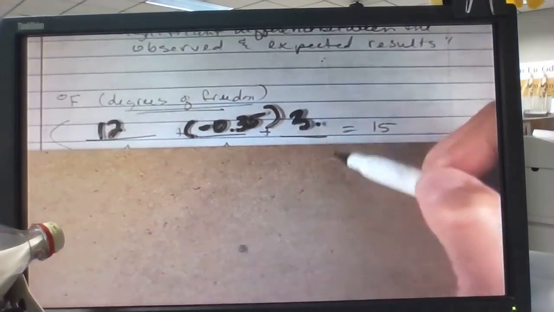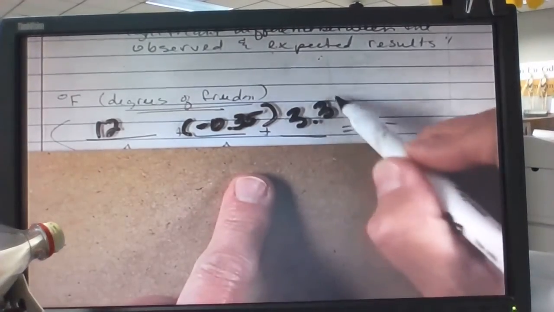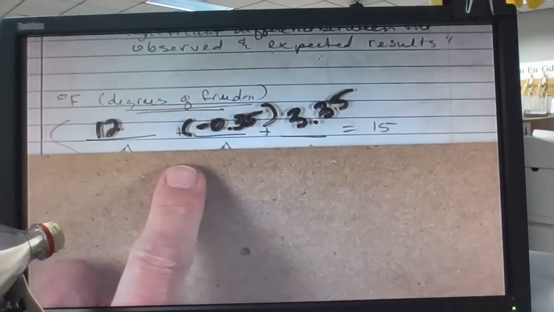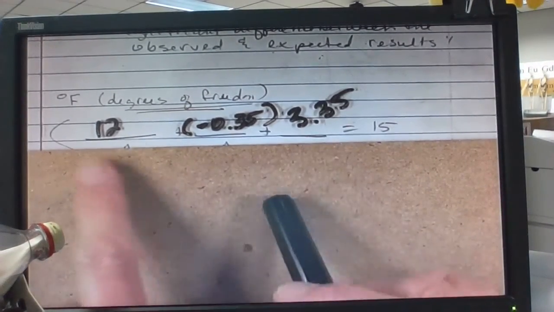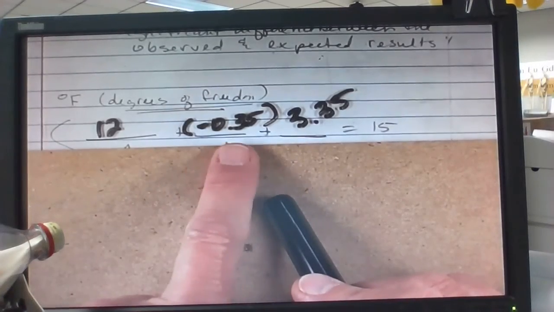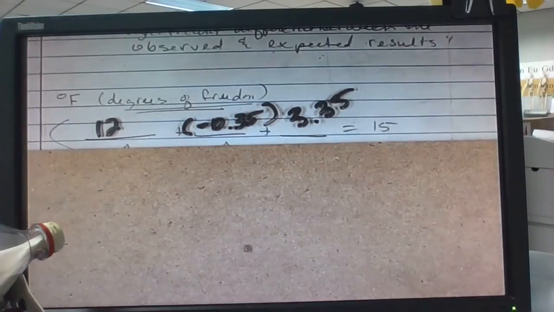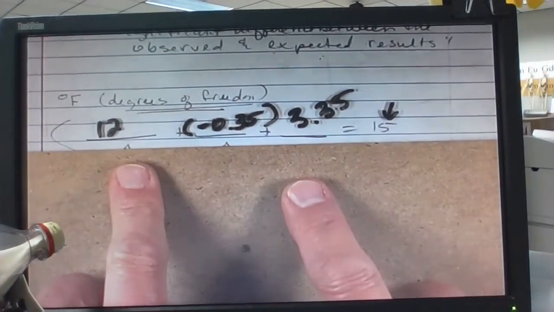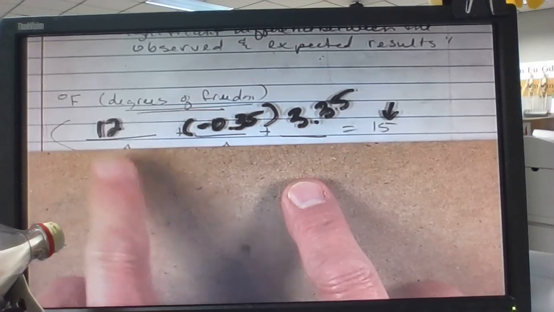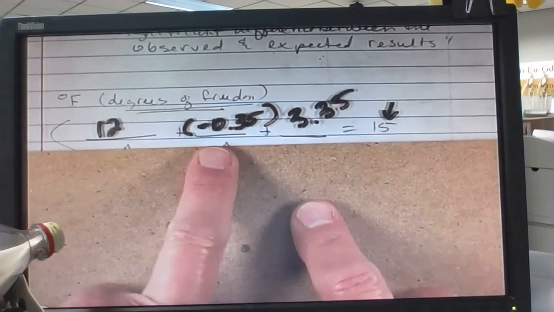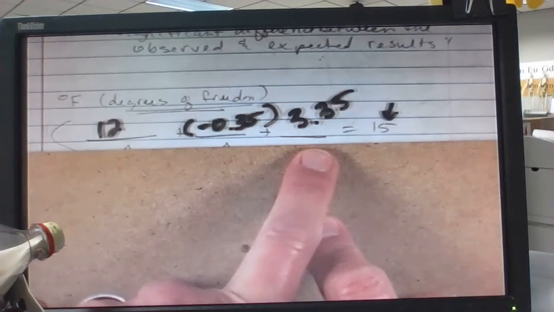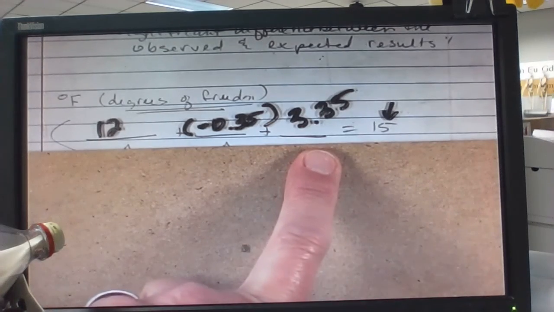I'm sorry. 3.35? I was doing the subtraction in my head, my bad. So 12 plus a negative 0.35 plus 3.35, but it has to end up being this last number. Make sense? This can be anything. This can be anything. This has to be 3.35.